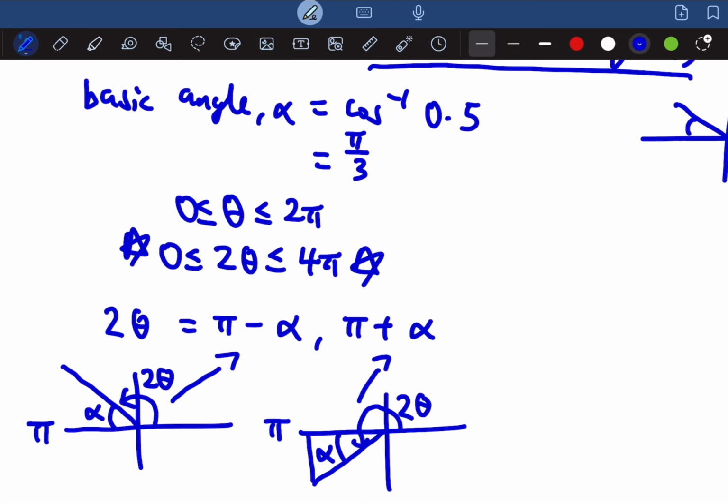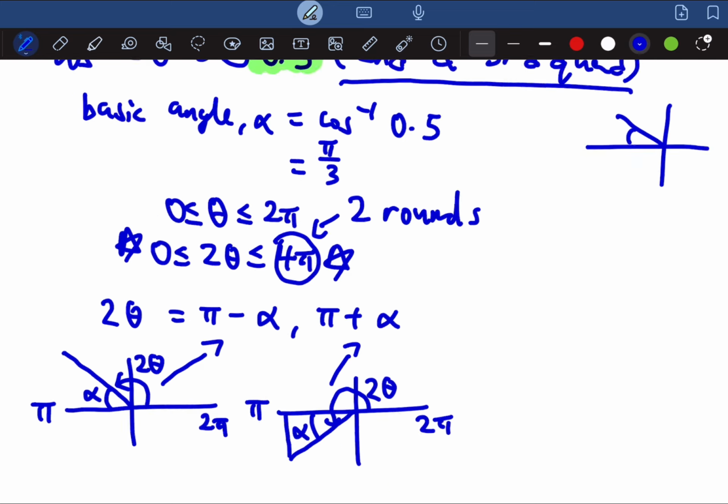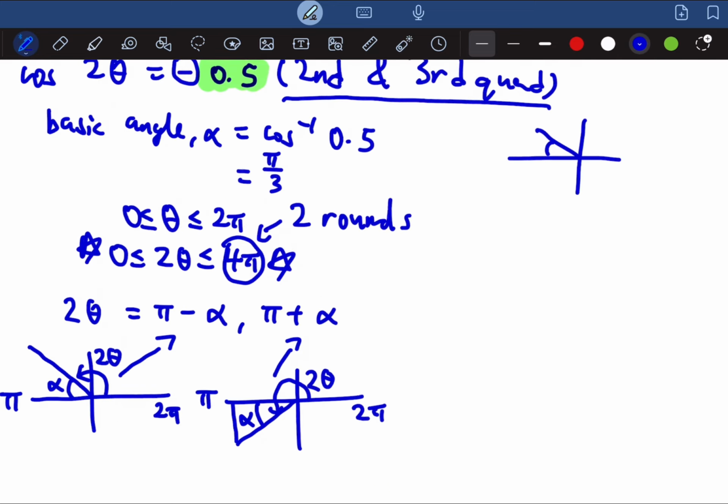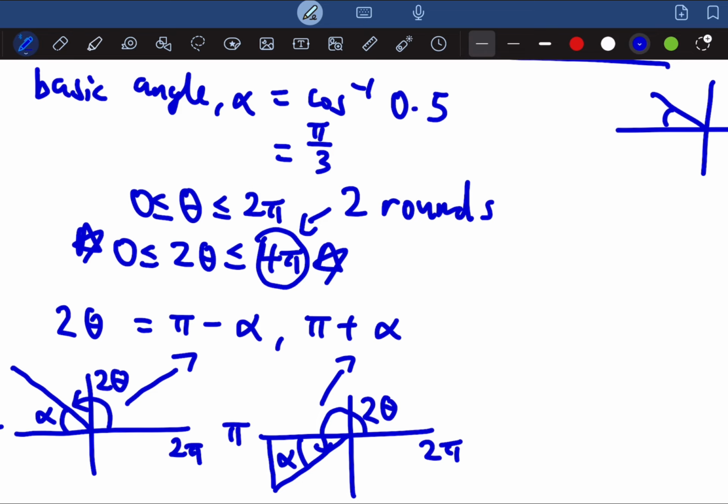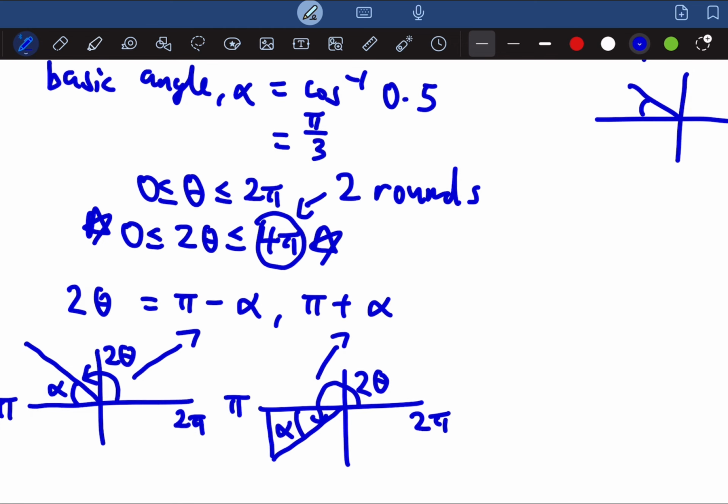Okay. So until here is only the first round. Because it is 4 pi, which means 2 rounds, the hypo will rotate 2 rounds. So we have to go to the second round, second and third quadrant, but not to worry or be too stressed, because since we have the first round, for the second round we just need to add one more round.